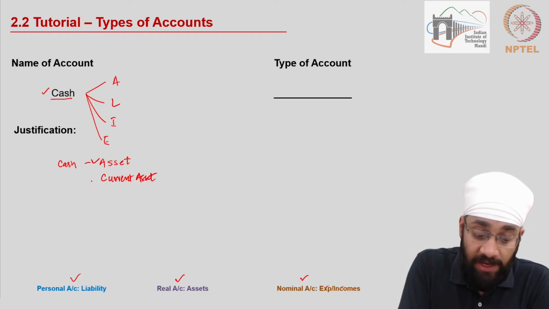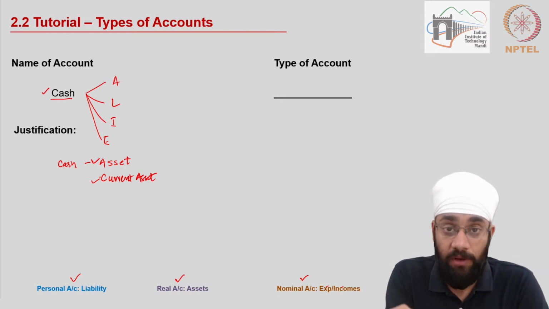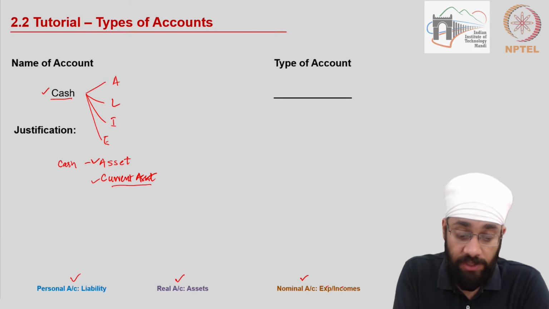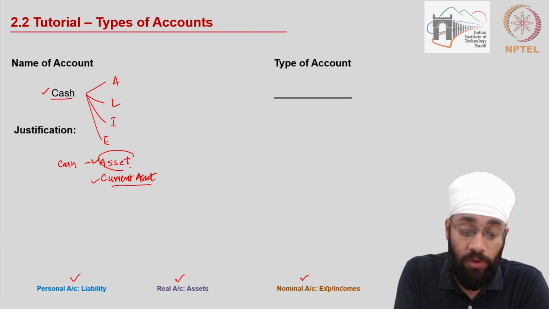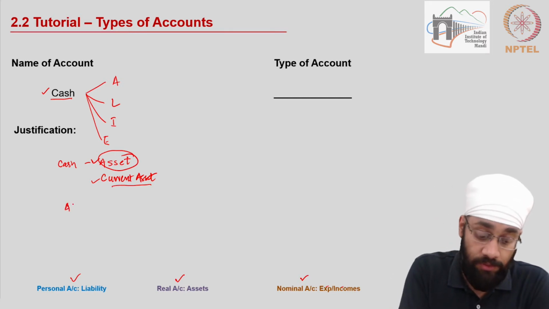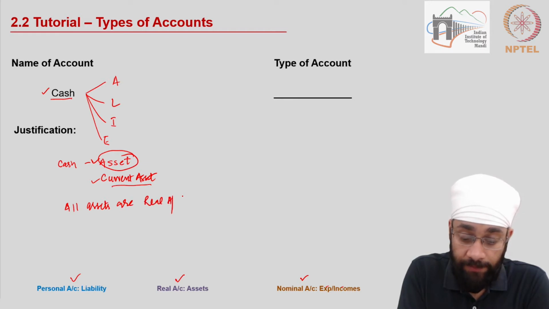So it's an asset and it's a current asset, but we don't have to go to the second level of categorization, the subcategory of cash, which is current asset, because we know the rule for assets. All assets are real accounts.